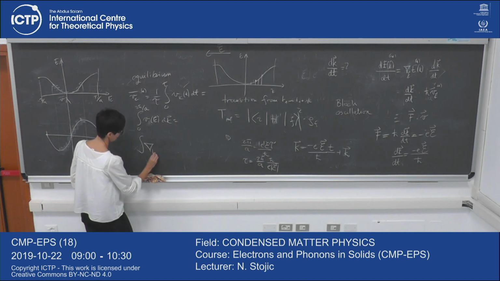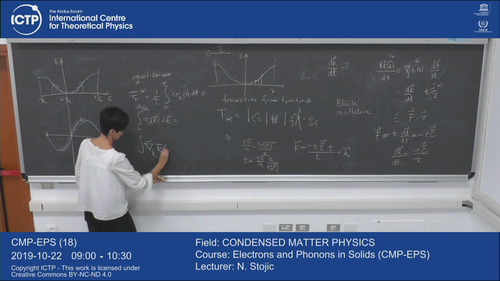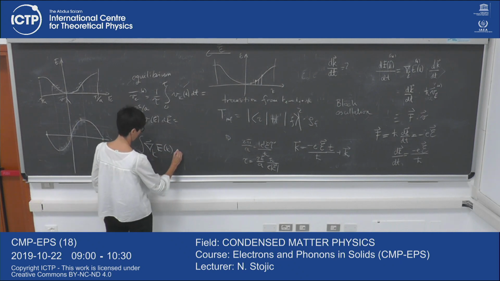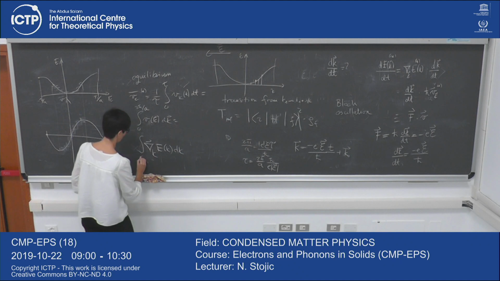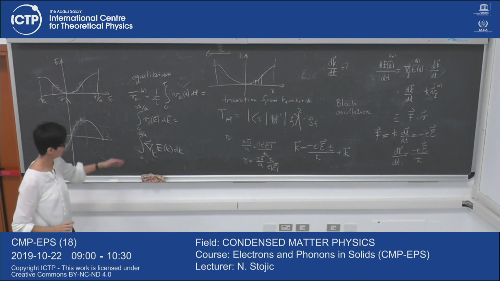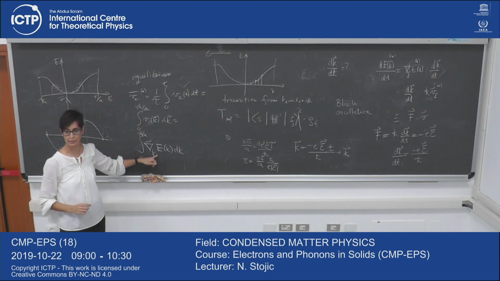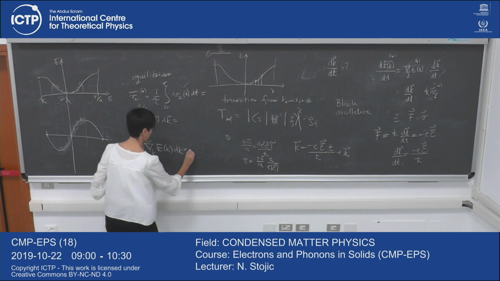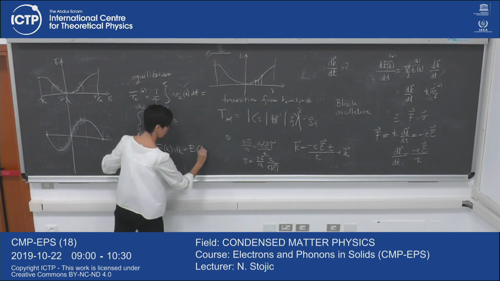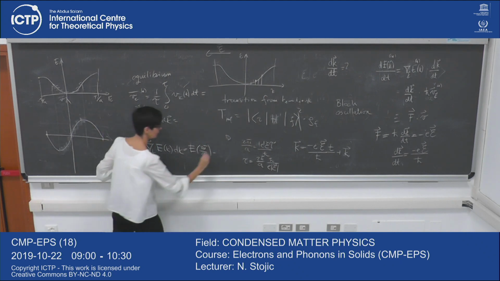This is equal to the gradient of energy. And then the integral of a gradient is equal to the function, no? So I will get the energy at the upper limit minus the energy at the bottom limit.